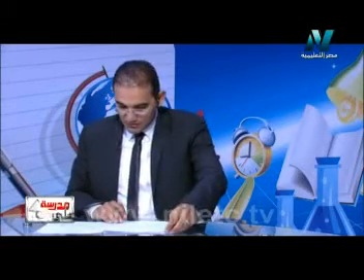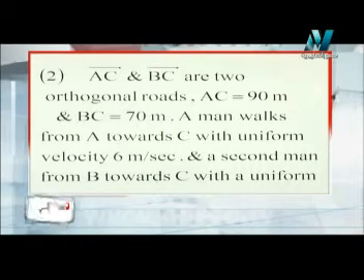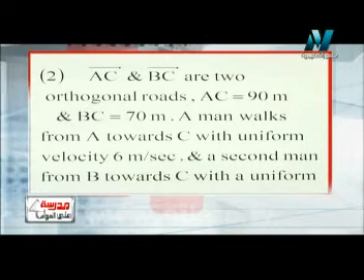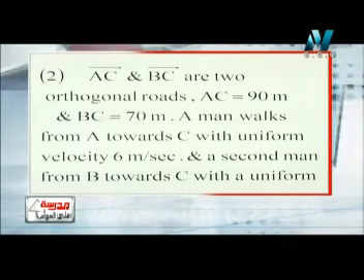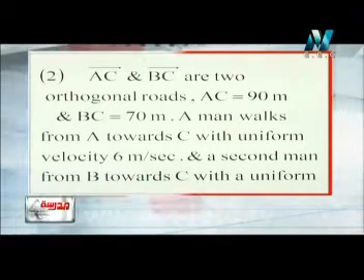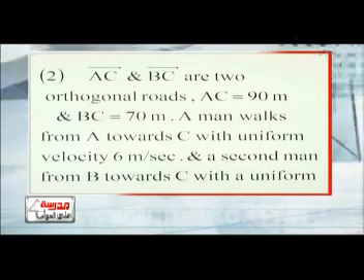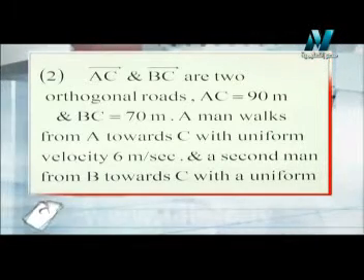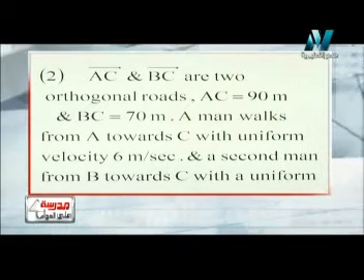Let's go to number 2, Mr. Medhat. Number 2: AC and BC are two orthogonal roads. AC equals 90 meters and BC equals 70 meters. A man walks from A towards C with uniform velocity 6 meters per second, and a second man from B towards C with uniform velocity 8 meters per second.